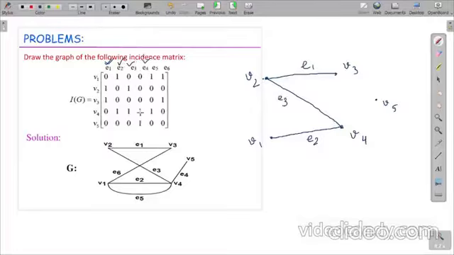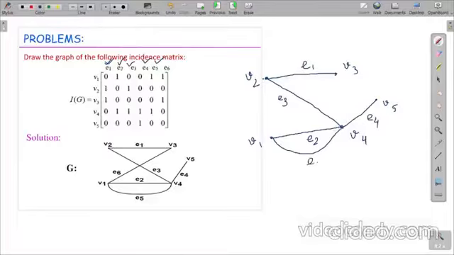E4 connects V4 and V5. E5 connects V1 and V4.